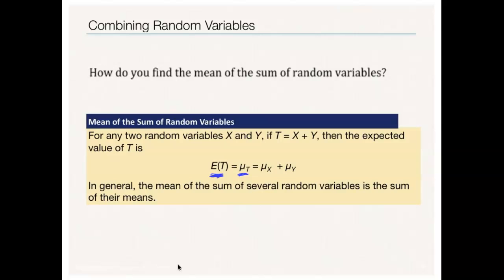So they're not outright saying calculate the mean of this distribution, but that's what they're asking for if they say, what do you expect a randomly selected value to be? And so you could be combining more than two random variables, and it works the same way. The sum of several random variables is still just, the mean of that would be just the sum of their means.